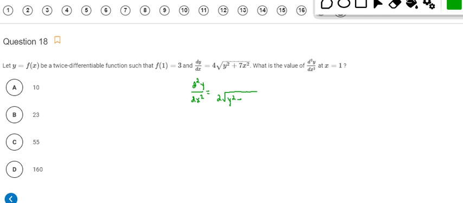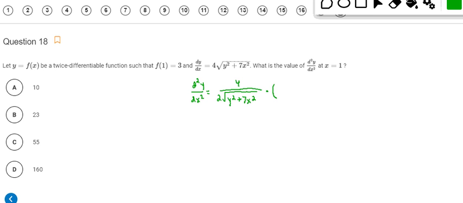y squared plus 7x squared to the 4. All right, so taking the derivative of this portion right here, of course, that's how we get this. And then we have our constant out front, and that is going to be multiplied by the derivative of our radicand.